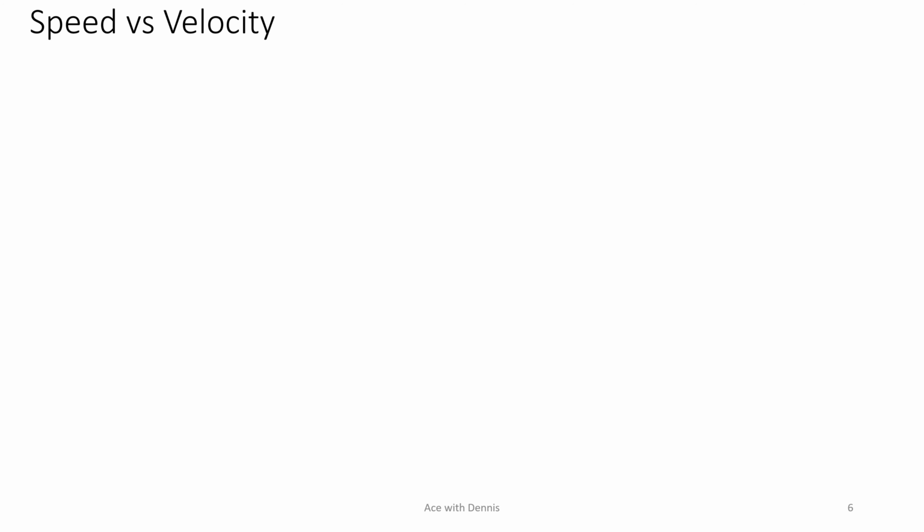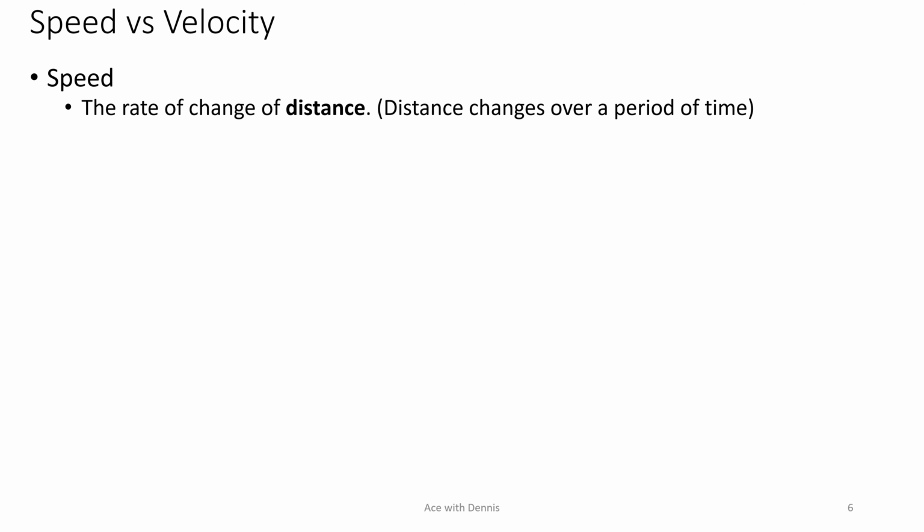Now, let's look at the difference between speed and velocity. Speed is the rate of change of distance, which means distance changes over a period of time. Speed is distance over time. It is a scalar quantity.